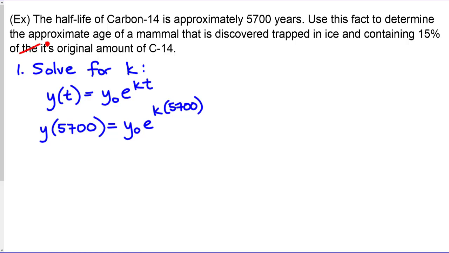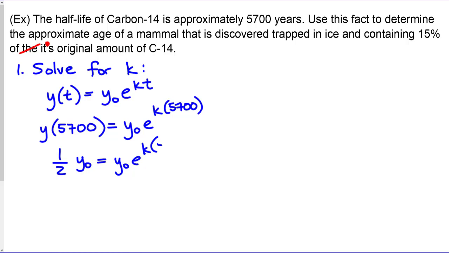But here's something that we can count on. After 5,700 years passes, when we're talking about the half-life of a radioactive element, that means half of that element's mass is going to decay away. So after 5,700 years, the amount remaining is going to be half of the original amount. So I'm going to take y of 5,700 and replace it with 1/2 of the original amount.